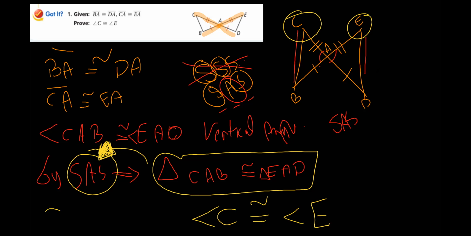Because now the two triangles are congruent, so any pair of corresponding angles are congruent. Is it clear now? Yes, teacher.